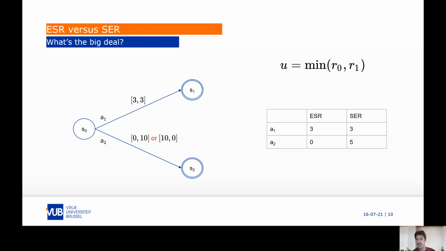The utility is 5, which is higher than 3. So under SER, A2 is the optimal action. Okay, so you see this will lead to different policies. We are interested in ESR, the one where the utility is applied on each and every episode.